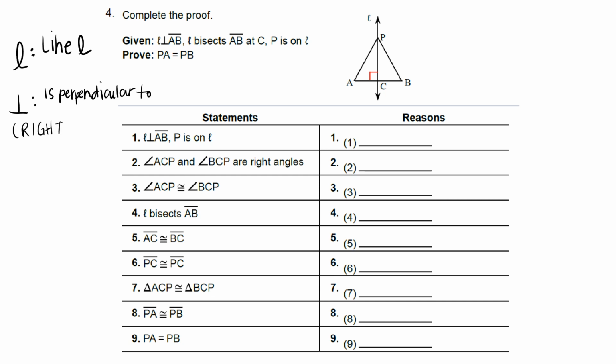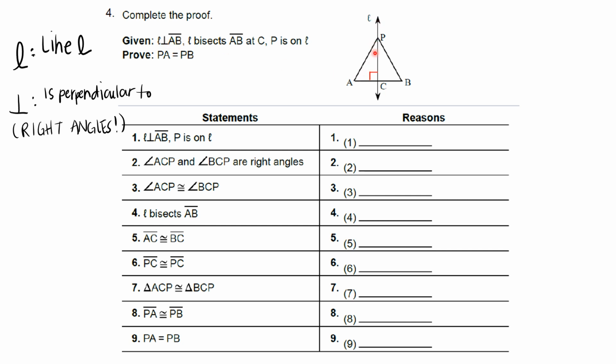When two lines or line segments are perpendicular to each other, they form a right angle. All right, so line L is perpendicular to the line segment AB.